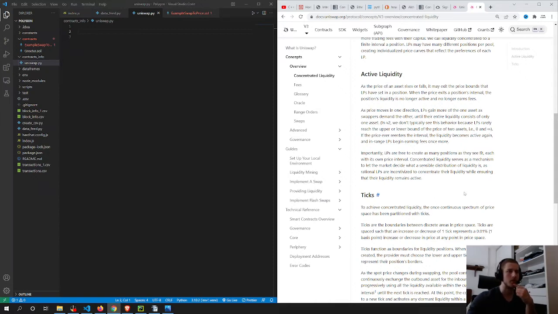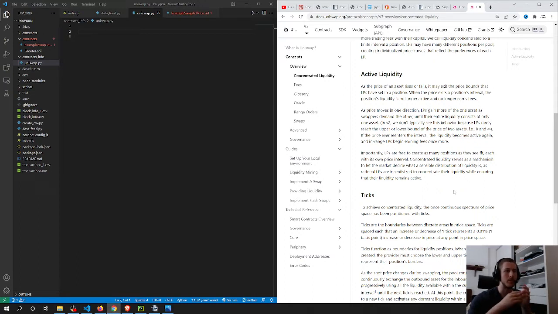In practice, we don't typically see this behavior because LPs rarely reach the upper or lower bound of the price of two assets, 0 and infinity. If the price ever re-enters the interval, the liquidity becomes active again, and in-range LPs begin earning fees once more.